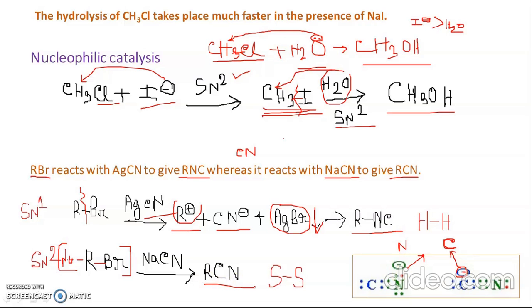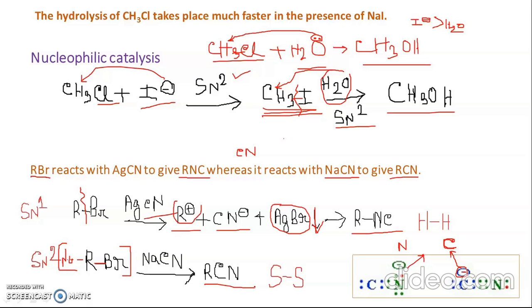Now you can consider this process from another point of view, which is hard and soft acids and bases. It states that hard acids prefer to form bonds with hard bases and soft acids prefer to form bonds with soft bases. Now in SN1, the more electronegative nitrogen atom of the ambidentate nucleophile CN, which is actually a hard base, will prefer to form a bond with R plus because that is a hard acid.